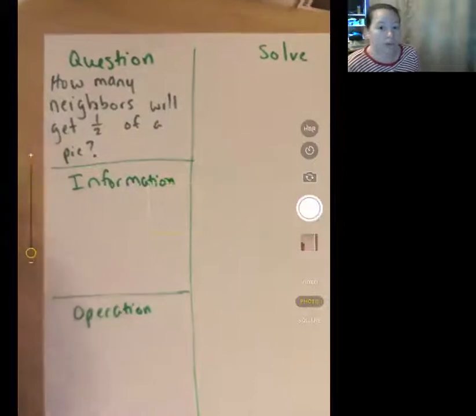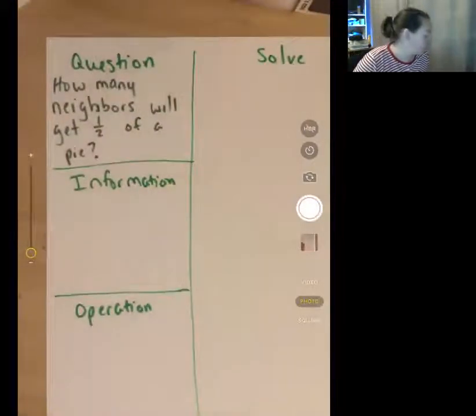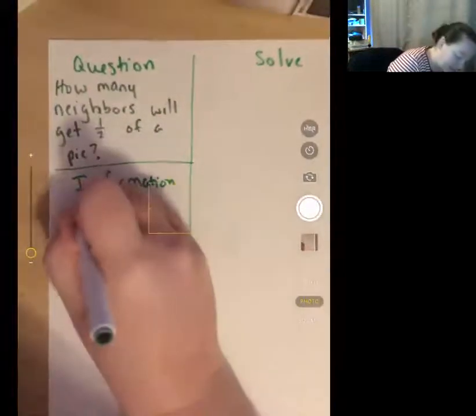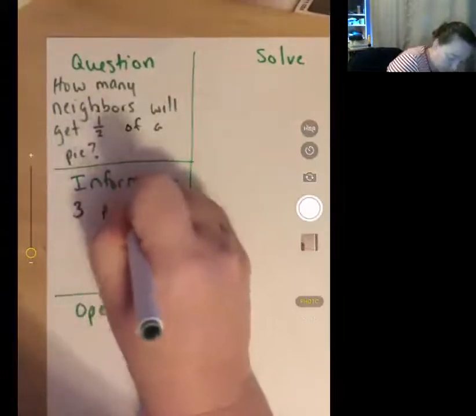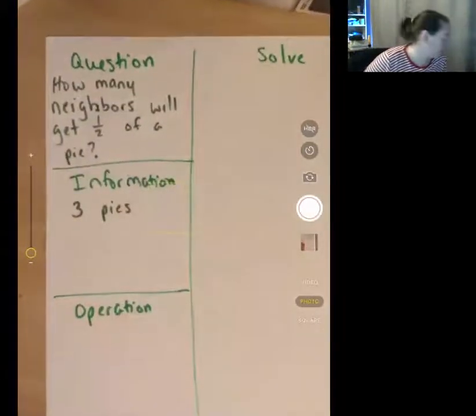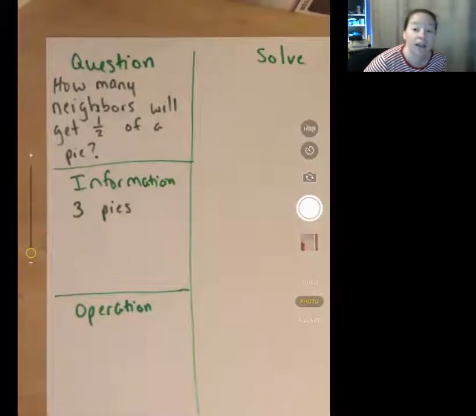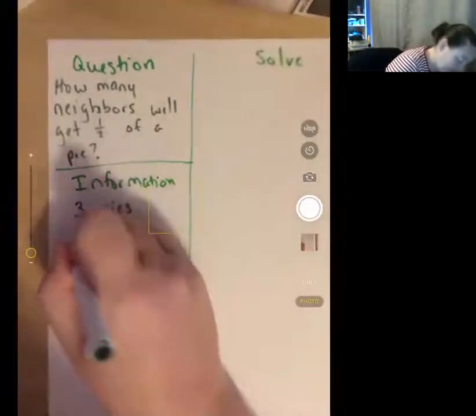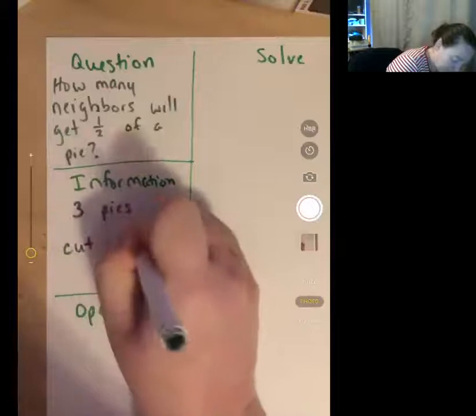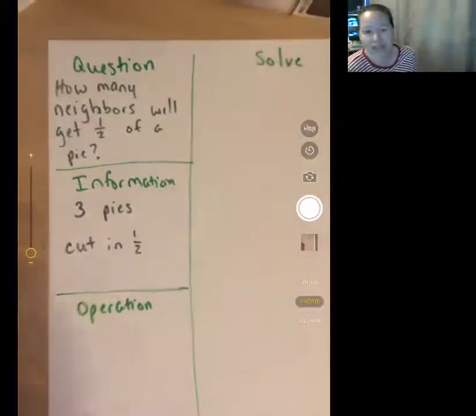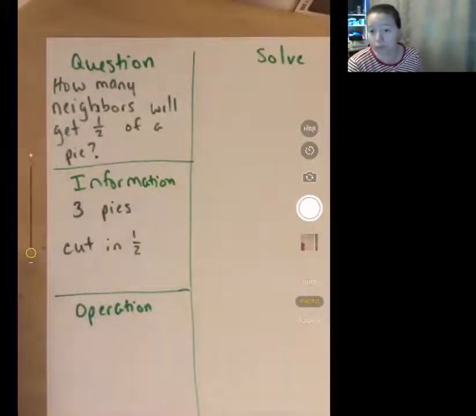So the things that we know is our information. We know we have 3 pies. We also know that they are cut in half. Okay, that's the 2 pieces of information we have.